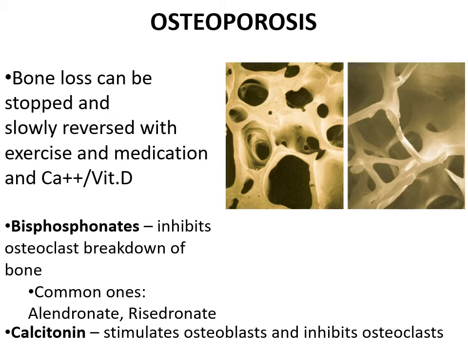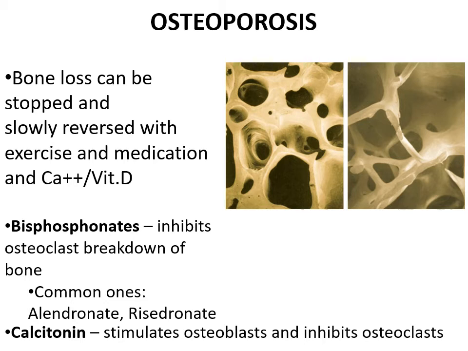Okay, and exercise, calcium, and vitamin D can definitely help level off the losses. Okay, now sometimes we can see gradual improvements of bone building, so a bit of a reversal of osteoporosis. Okay, so that can happen by doing these activities as well. So exercises, calcium supplements, and vitamin D supplements.